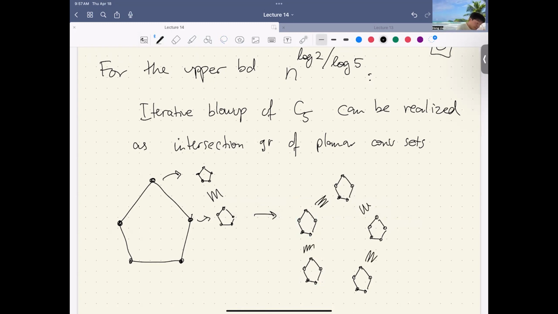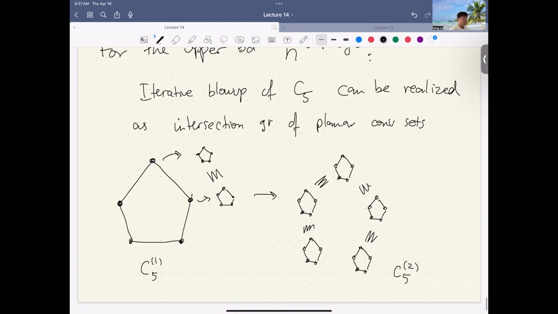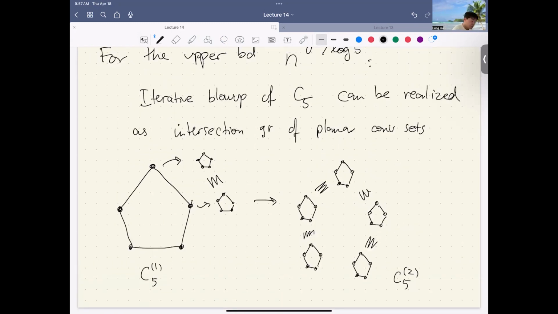So let's give it a name. Let's call it C5-1, right? Then this is C5-2. Not a very good name, but you know what I mean. And the third step, this guy becomes its own copy of C5. For every one of these things, you do it again, you will get C5-3.